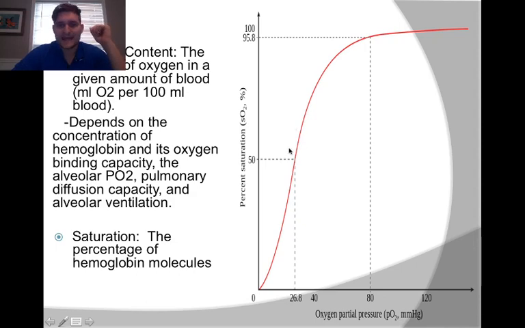Now, in the body, not all of the oxygen is going to get dumped off, but a good bit is going to be supplied to the tissues so they can utilize it for metabolism. And so what we're looking at here, the relationship between the partial pressure of oxygen and the saturation of hemoglobin, this curve is called the oxygen dissociation curve, right?